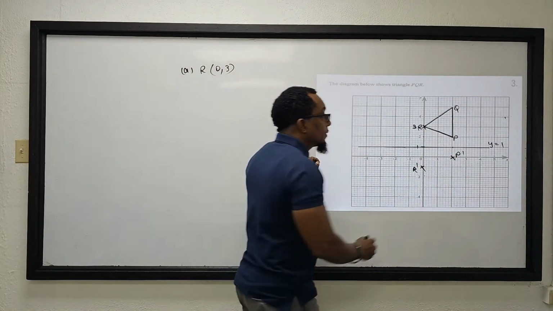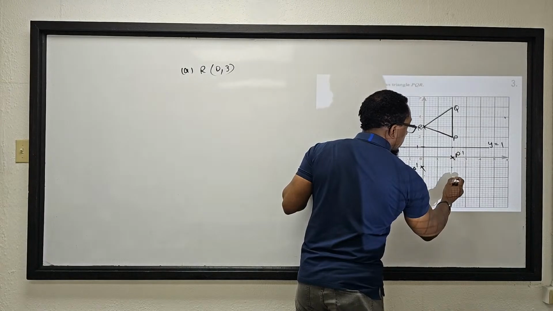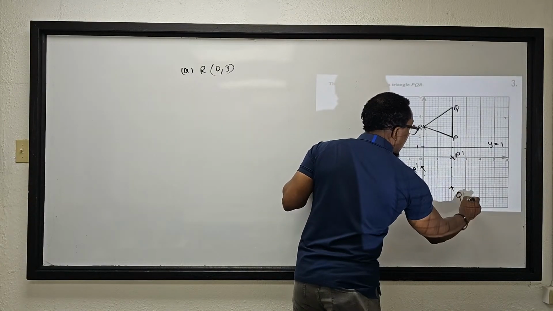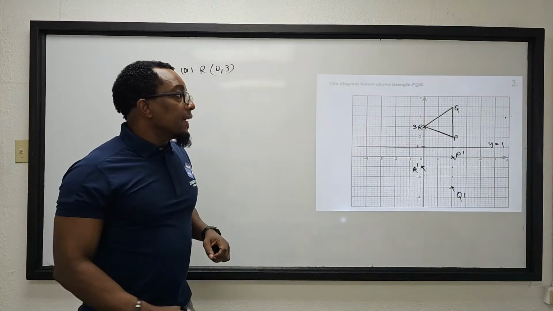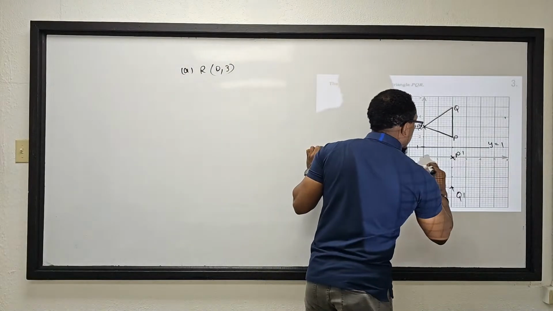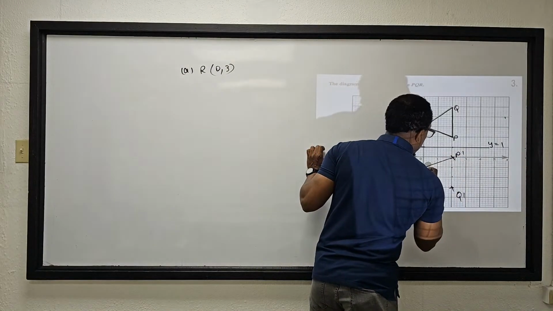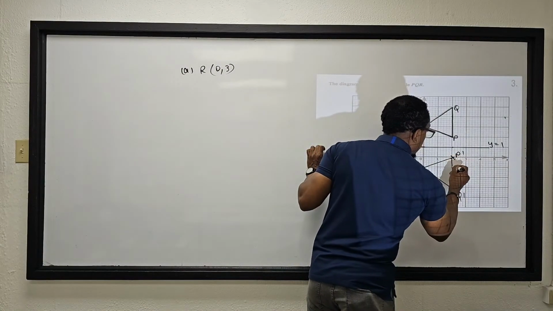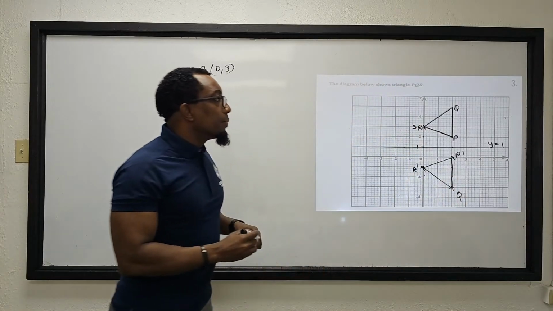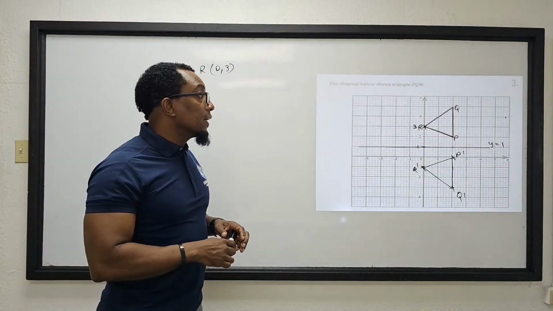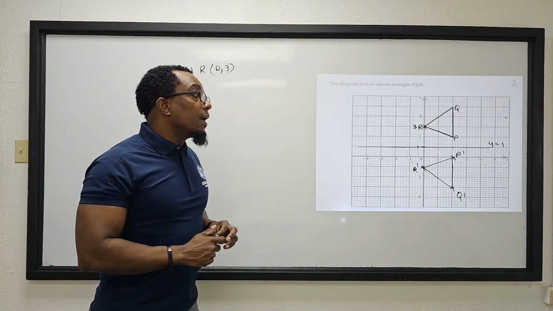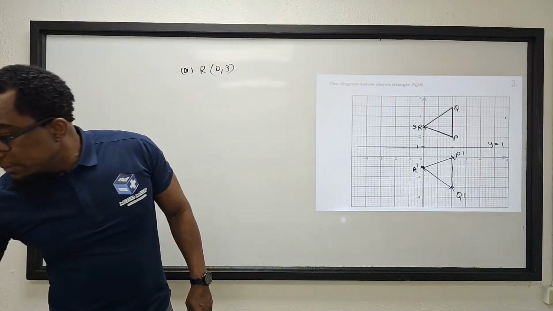And I'm going to count 1, 2, 3, 4. So that's Q prime. So when I connect, I'm going to have P prime, Q prime, and R prime, which is a reflection of PQR about the line y equal to 1.